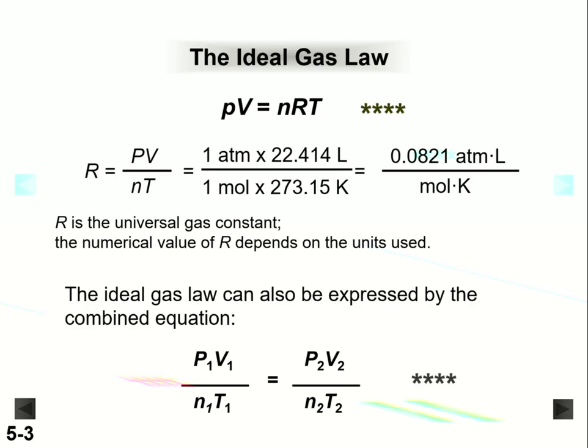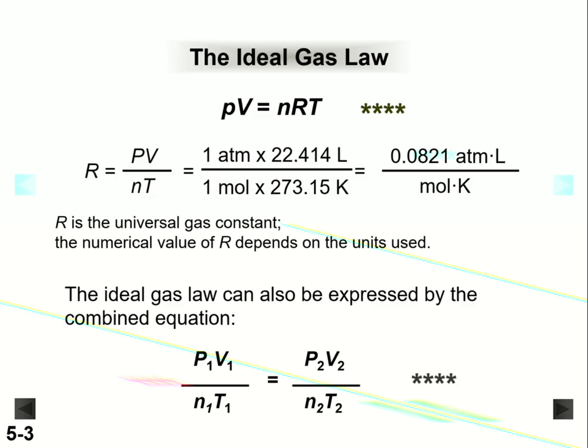It tells us that pressure times volume is equal to the number of moles times a constant of proportionality times the temperature. The red asterisks indicate that this is an equation you should remember, simply because of its universality and its importance. It's a fairly easy relation to remember, and it's one from which you can derive all the other relations that we've discussed thus far.